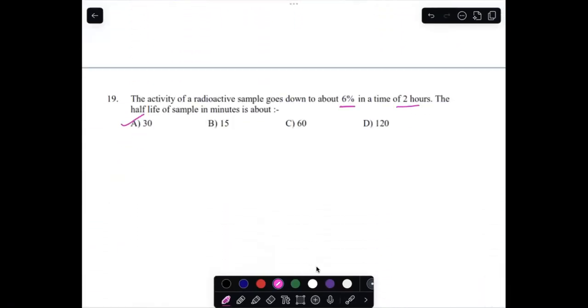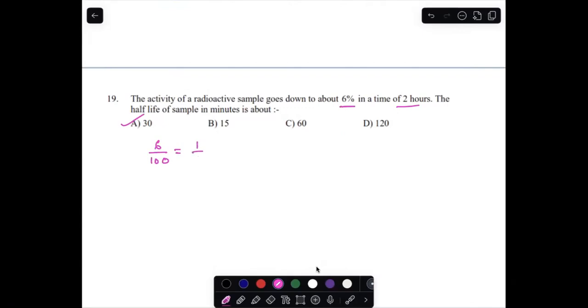Next, 19th question. Here, I think this is the most comfortable question for you. How come it is a most comfortable question? Very simple. A sample goes down to 6% in a time of 2 hours. The situation is the same as, you know, 6 by 100.